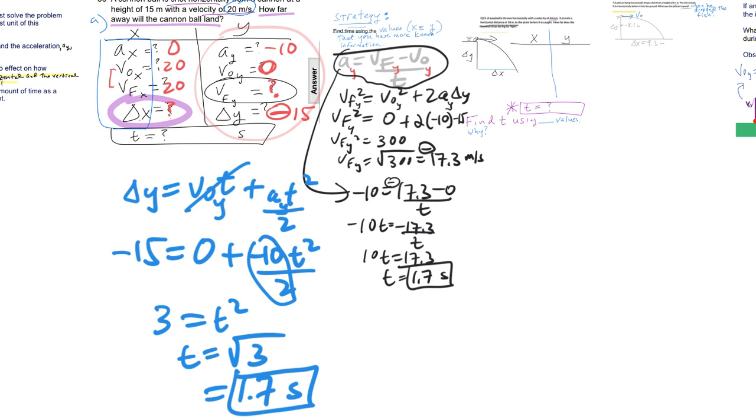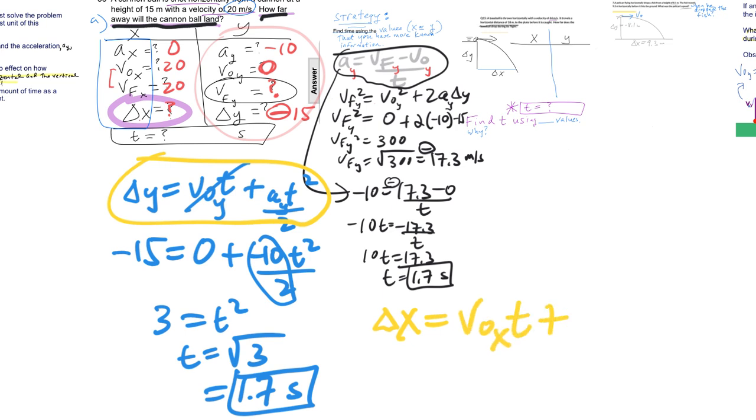If you look, what we're trying to find is how far away the cannonball will land. So basically now I have to solve for delta x. I'll use the same equation I did up here, but use the x values. Delta x is what I'm looking for.